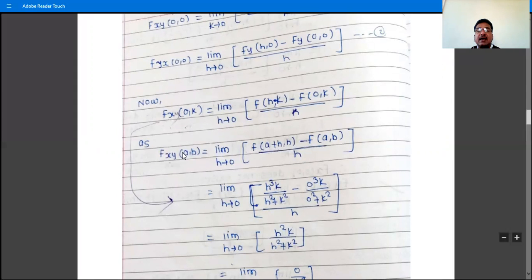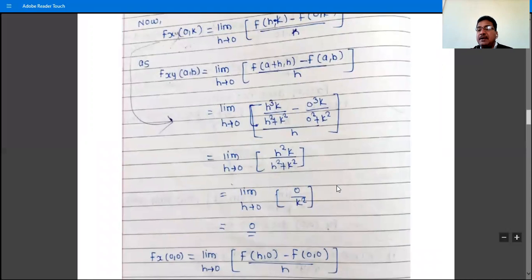So write a as 0 and b as k. We have f(0 plus h, k) minus f(0,k), divided by h. This is the definition of fx(a,b).